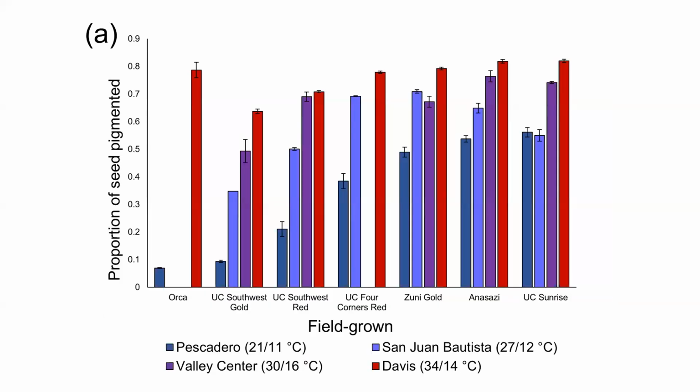And then we can quantify that. I made an ImageJ plugin to quantify the proportion of the seed that's colored. And then we looked at it across these locations. And sure enough, the coolest locations are on the left, in each case in dark blue, and the warmest locations on the right in red, and the amount of seed coat pigmentation is always higher in the warmest location.